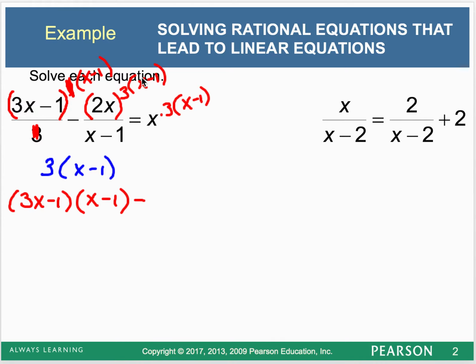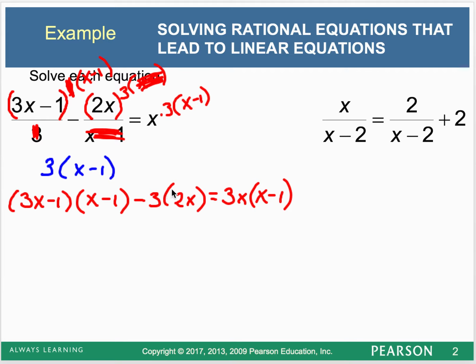Over here, this x minus 1 can cancel with this x minus 1. So all that's left right here is 3 times 2x. Now this doesn't have a denominator, so this whole thing gets multiplied together. 3x times x minus 1. And look, there's my equation, and it doesn't have any fractions in it.